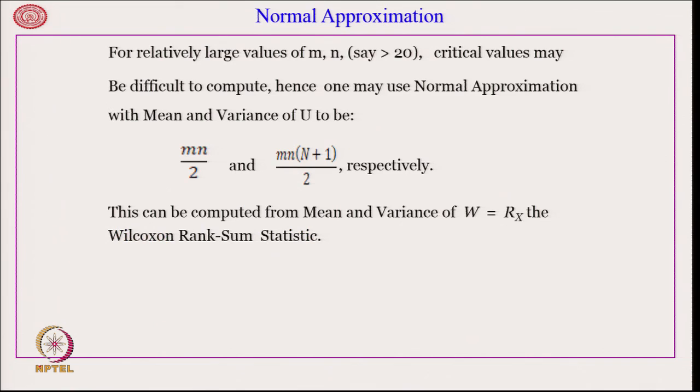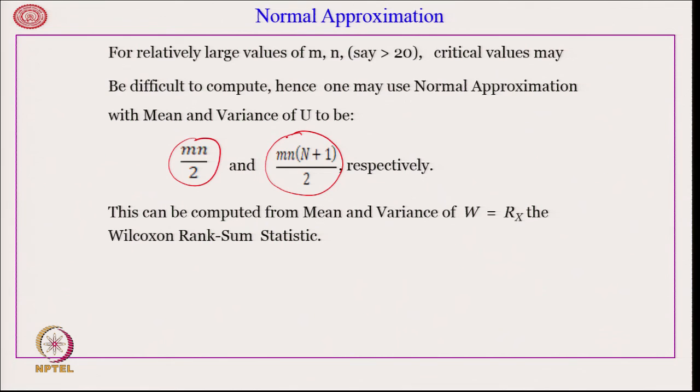For relatively large values of m and n, critical values may be difficult to compute. Hence, one may use a normal approximation with mean and variance equal to mn by 2 and mn(N plus 1) by 12 respectively.